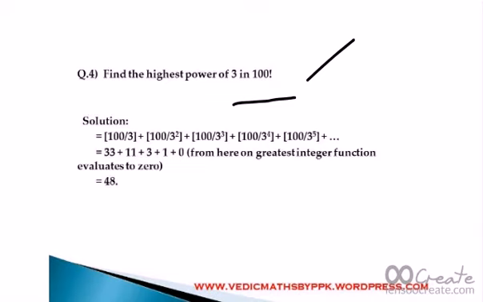As mentioned, we get 33 plus 11 plus 3 plus 1, which gives 48. Only the integral part is considered, whereas the fractional part is neglected here.